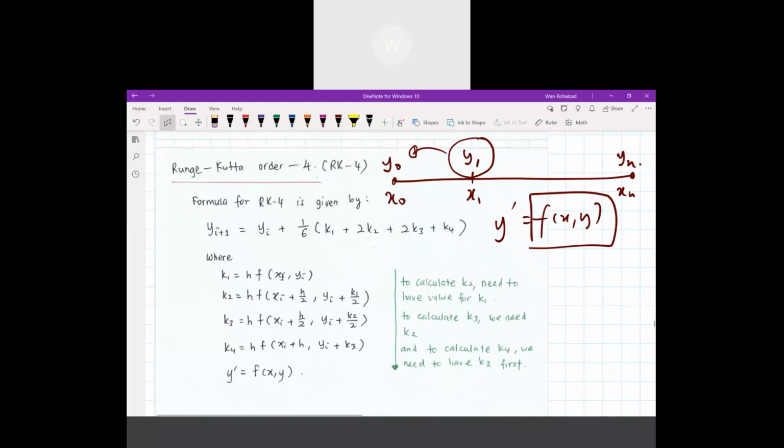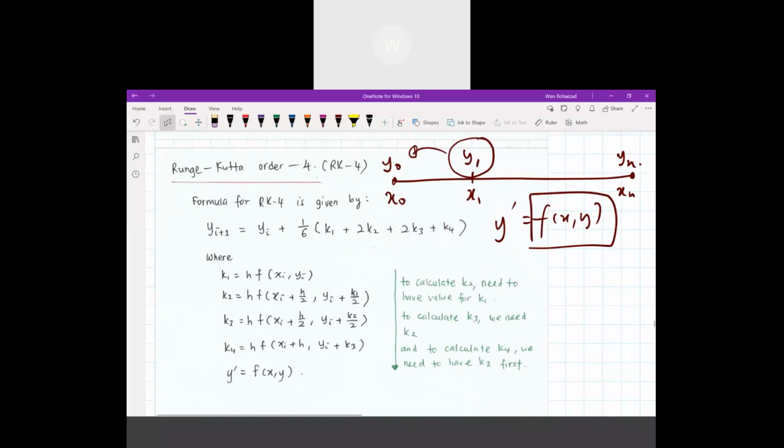For example, if we want to solve y1, we need to use x0 and y0 inside this f(x,y), and then we calculate k1. From k1 we can calculate k2, because k2 needs k1. k2 equals h f(x plus h over 2, y plus k1 over 2).